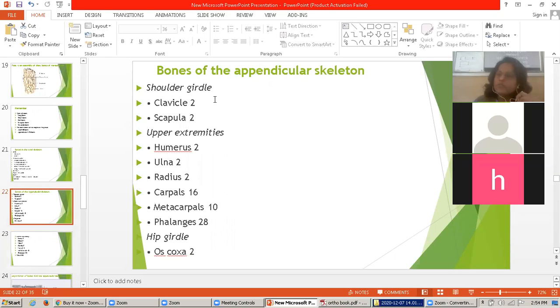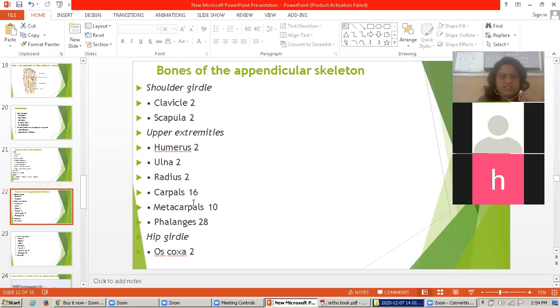Then the bones of the appendicular skeleton. In that, we can see the shoulder girdle: the clavicle, right and left, then the scapula, right and left. In the upper extremities, the humerus, ulna and radius contain two bones each, that is right and left. Then carpals 16, that is 8 plus 8.